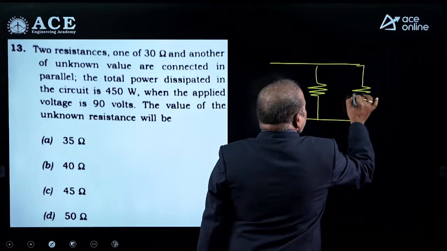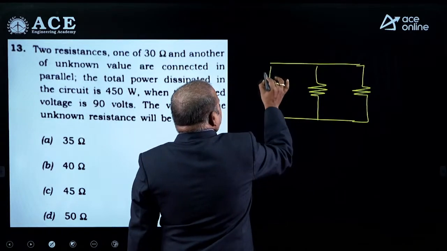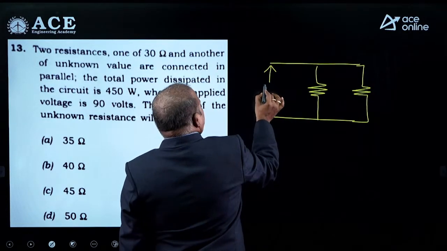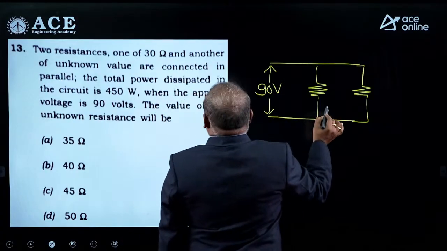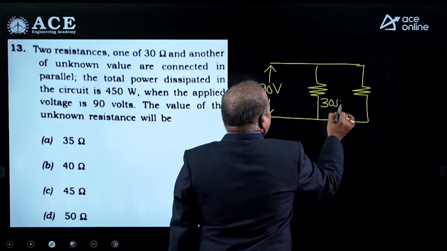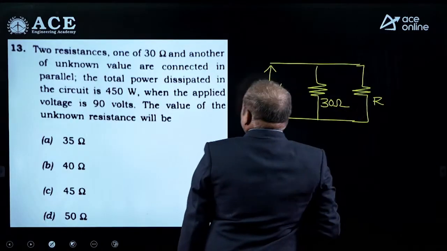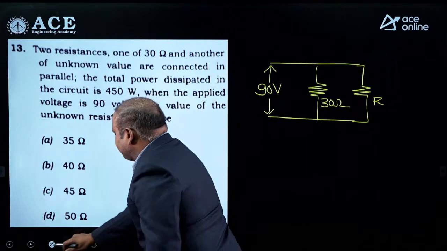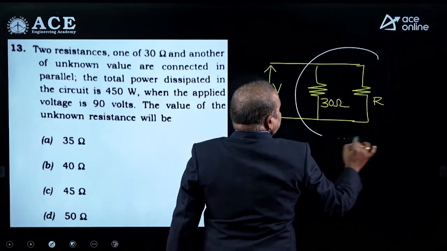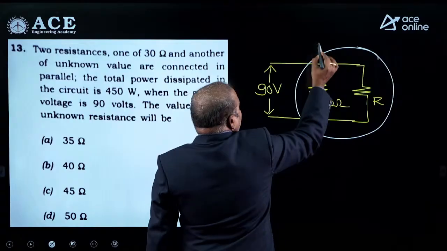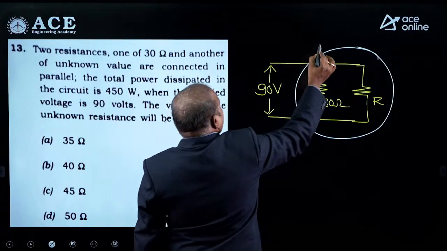You have to estimate the unknown resistance. It is given that the total applied voltage is 90 volts, and one of the resistors is 30 ohms and the other is unknown. And the total power dissipated from this source, this entire network, is given as 450 watts.